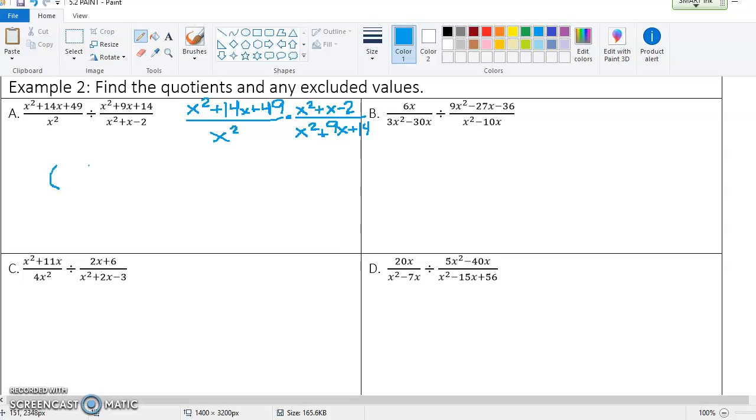All right, so we're going to factor. We're going to factor the top left. Now, those of you who are really strong in the math world, you're probably like, Mr. Boone, why didn't you just write it as x plus 7 squared? If our ultimate goal is to try and cancel some things out, then it might not really be a great idea to try to write things out with shortcuts.